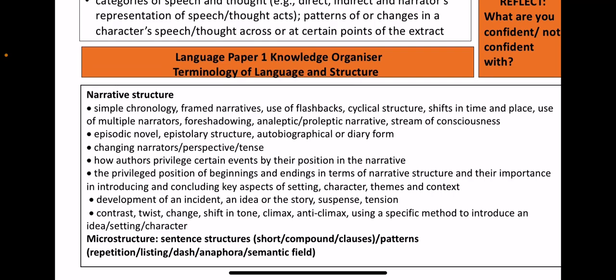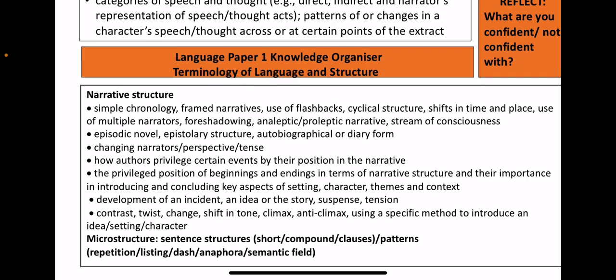So it's about the construction of a narrative, of a story. So look for how a story is put together. This is where you can really use your literature skills. You know how Dickens has constructed A Christmas Carol, how he's used the structure of the story to develop the characters, to develop his methods and ideas about the themes. And it's exactly the same with the extract you're given.